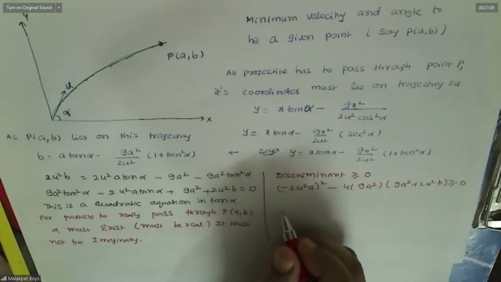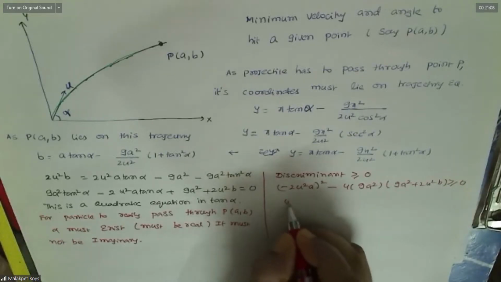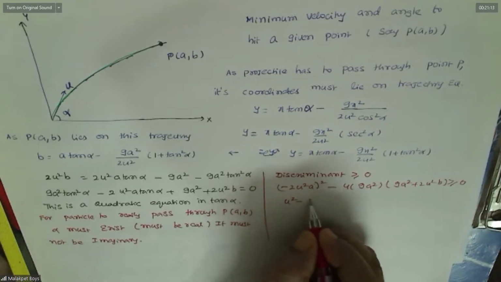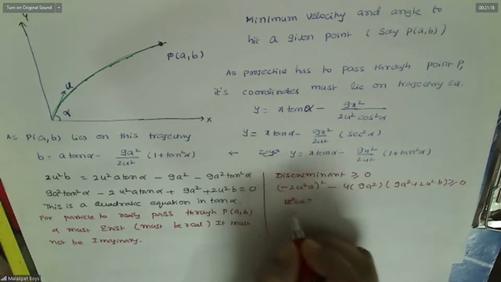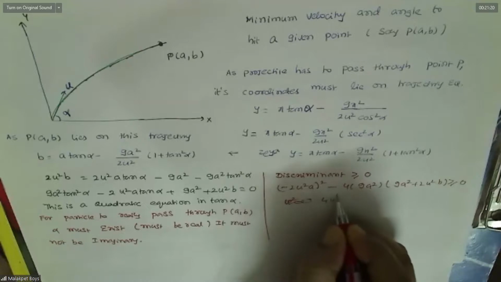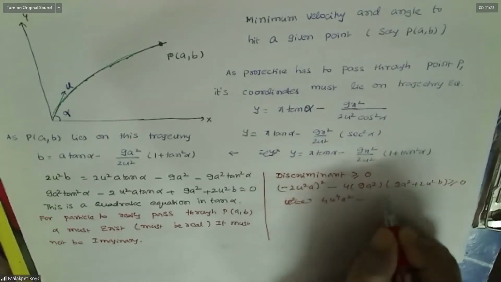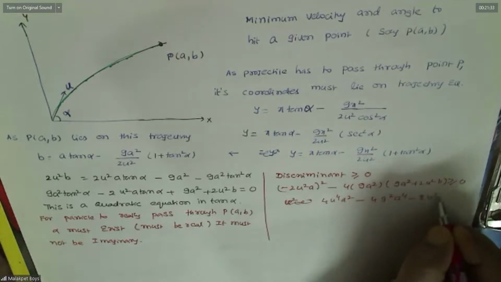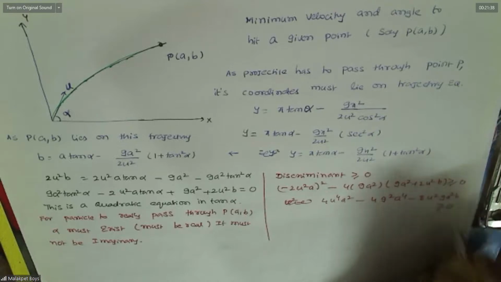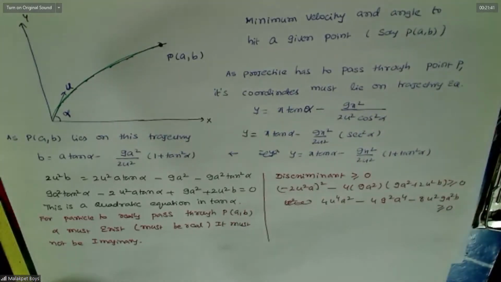Agreed? Yes, sir. Now this comes to 4u square minus 4u power 4 a square minus 4 g square a power 4 minus 8 u square g a square b greater than or equal to 0. Do you agree with this?